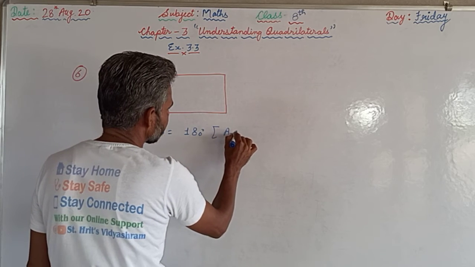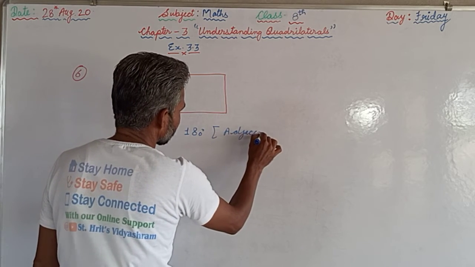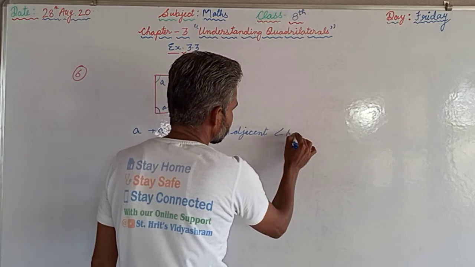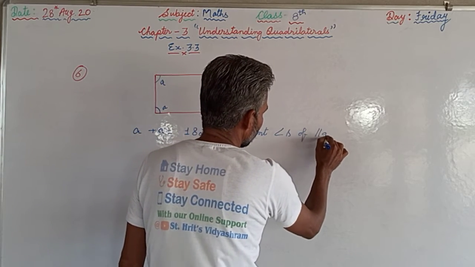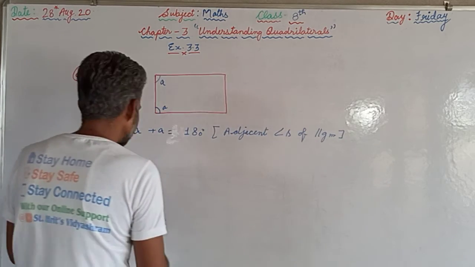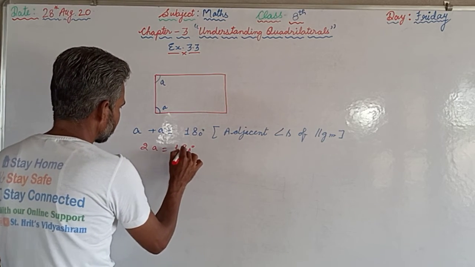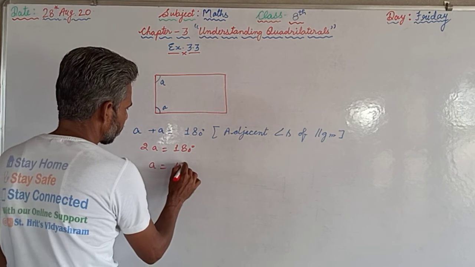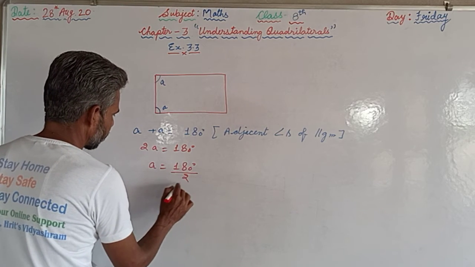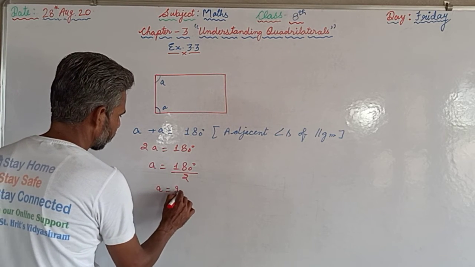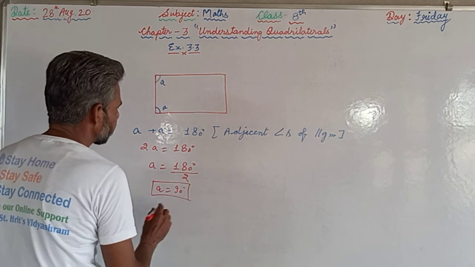Why adjacent? Because these are adjacent angles of a parallelogram. A plus A, that is 2A, is equal to 180 degrees. So A will be equal to 90 degrees.